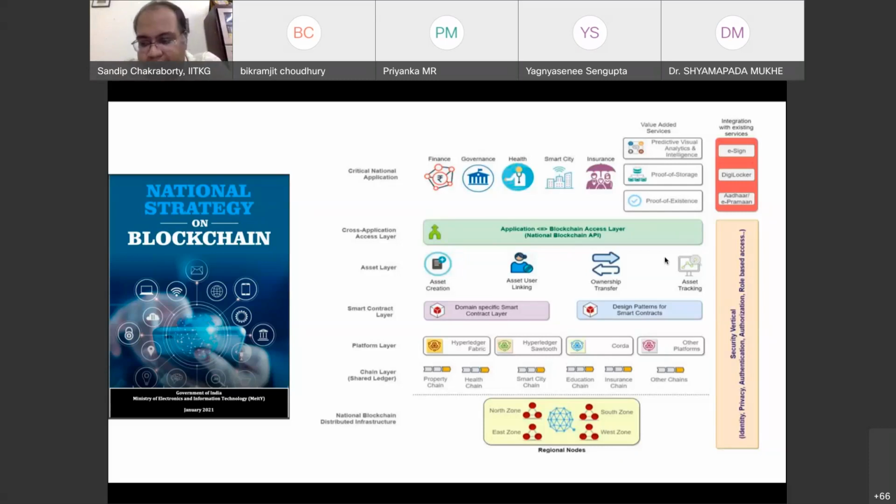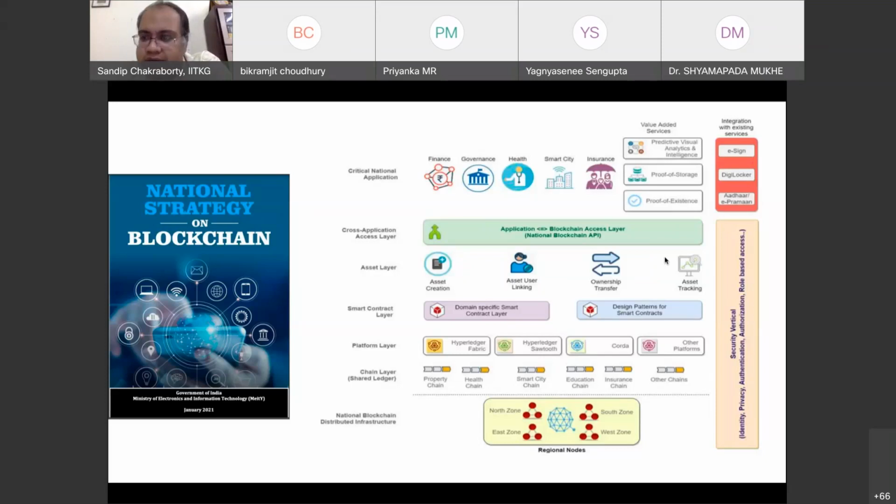As I was saying, one of the primary focuses of this article was to propose infrastructure support for developing, implementing and testing blockchain-based solutions on top of a platform. This platform support is what they call the national blockchain infrastructure.